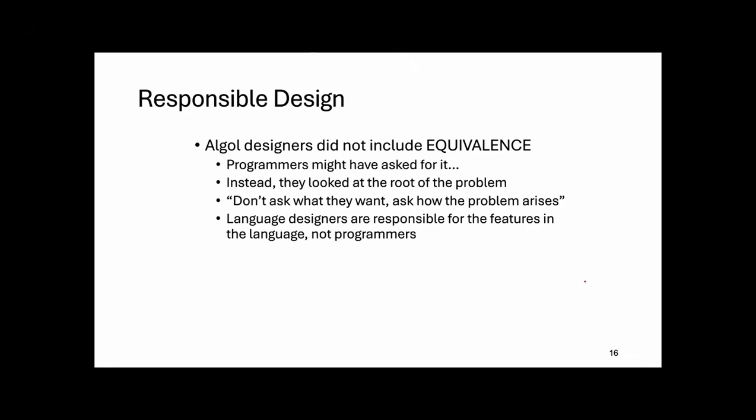Language designers are responsible for the features in the language, not the programmers. So they don't just provide what the programmers ask for; they provide what can help keep problems from happening in the first place. That's why they did not provide equivalence and used the block structure that we have seen.